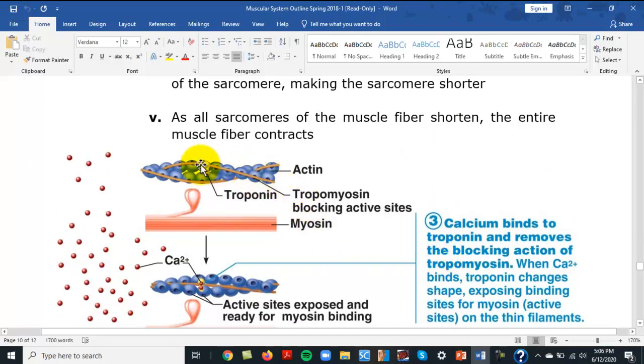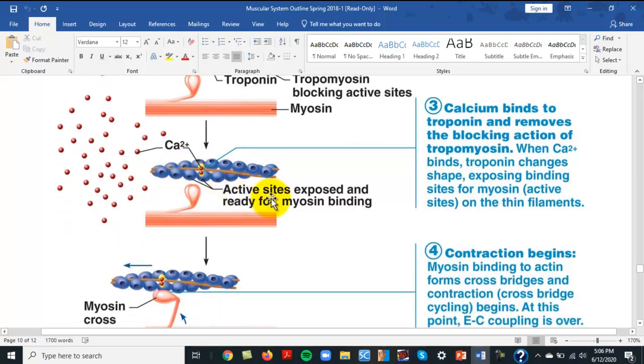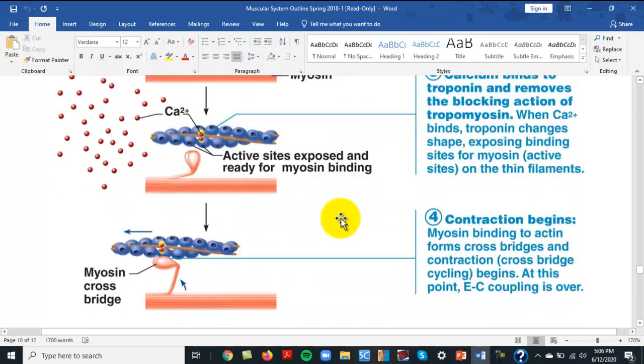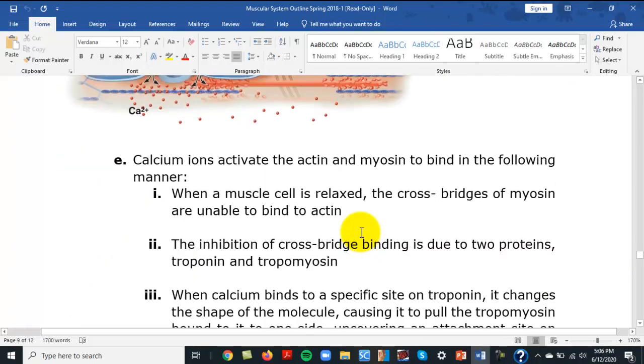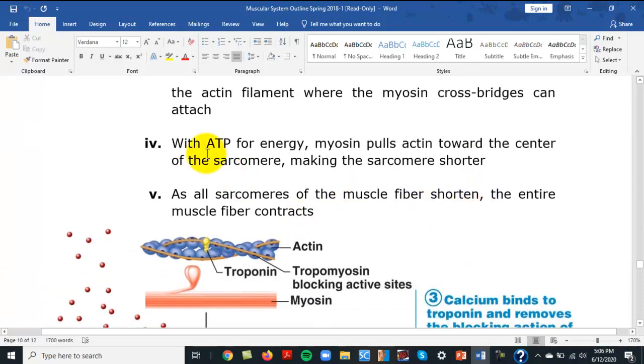See here, it's covered up. Once calcium binds there, do you see how the tropomyosin has been moved over? It says active sites exposed, and the little heads reach up, they grab, and they pull. So, uncovering the attachment site, with ATP for energy, myosin pulls actin toward the center of the sarcomere.